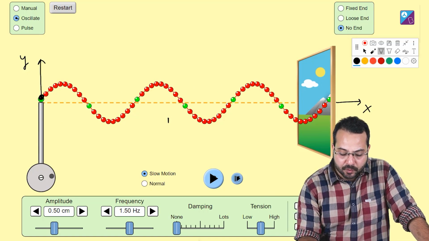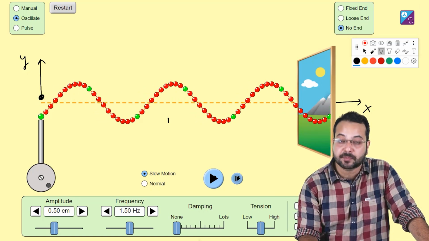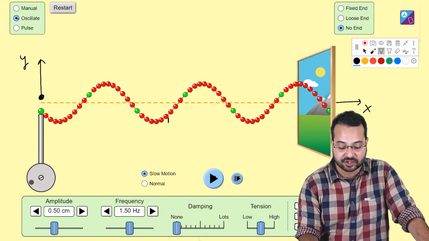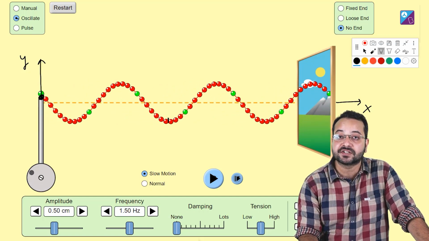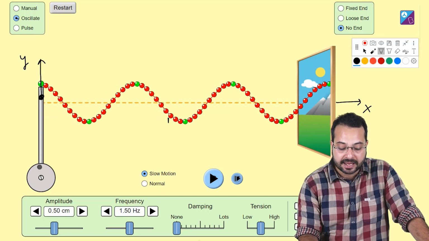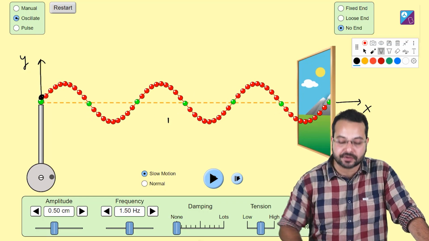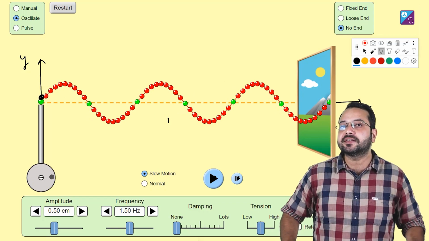Now as the wave progresses, the shape of the string changes. The shape of the string is still changing. And I'm going to pause it over here. Now just recall this picture.